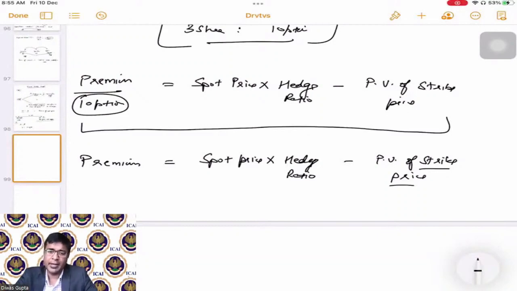So premium is what? Premium is spot price multiplied by hedge ratio minus present value of strike price multiplied by the probability that the price on expiry will be higher than strike price. Then only this will be exercised.